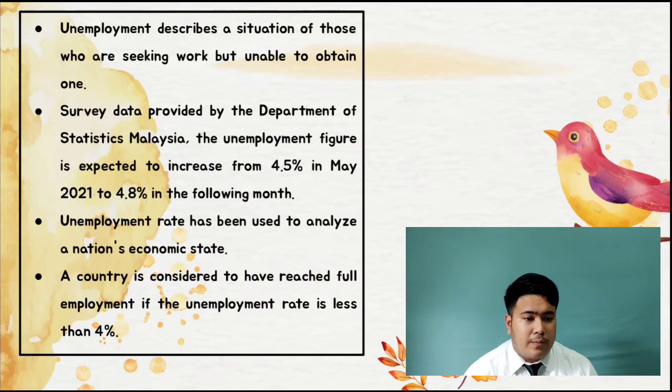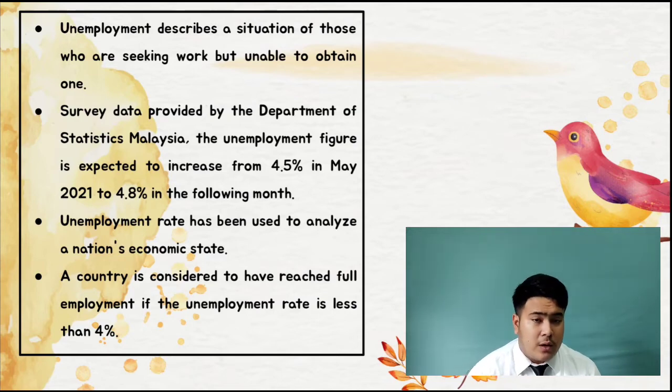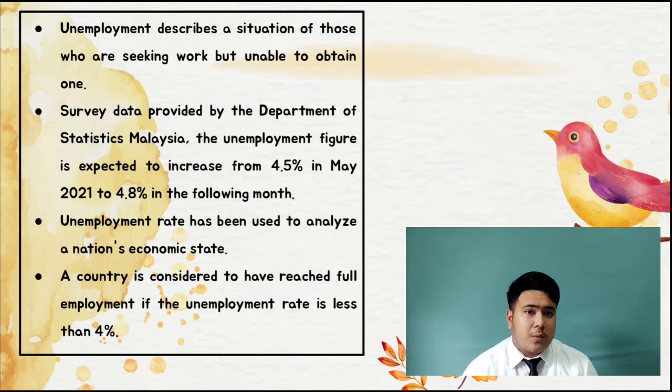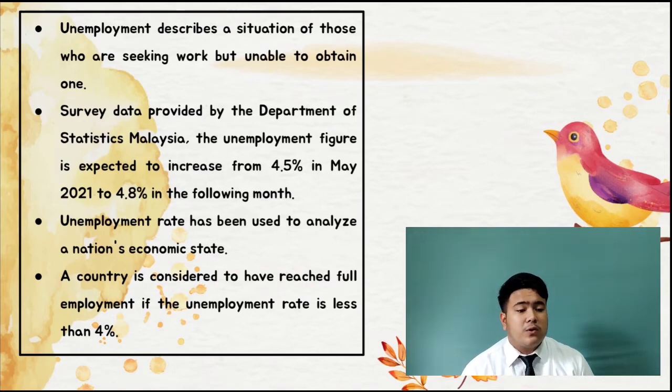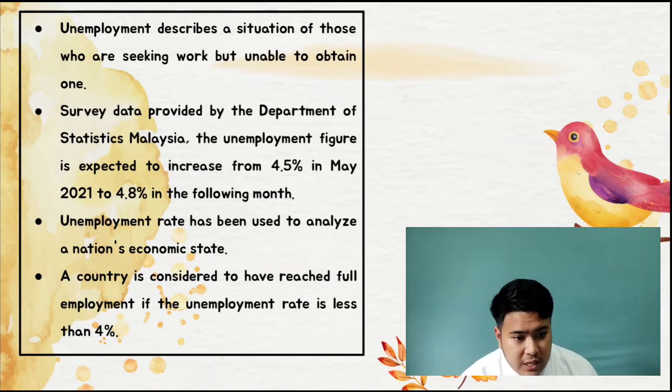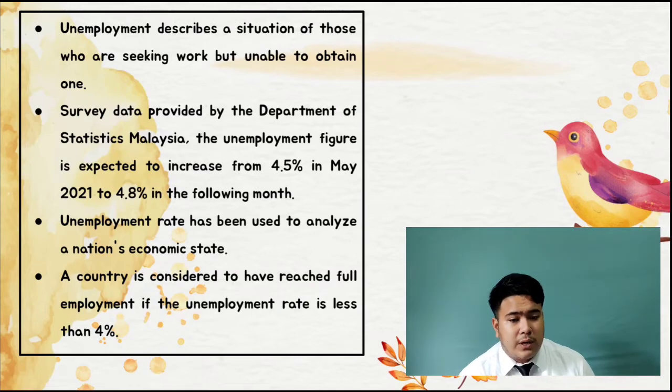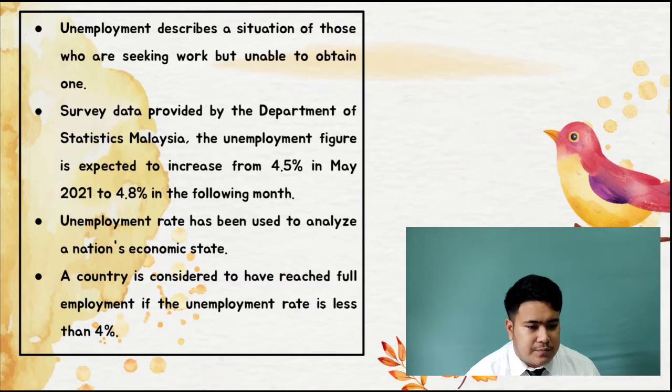Next is unemployment. Unemployment describes a situation of those who are seeking work but unable to obtain one. According to the survey data provided by the Department of Statistics Malaysia, the unemployment figure is expected to increase from 4.5% in May 2021 to 4.8% in the following months because of the COVID-19 cases.